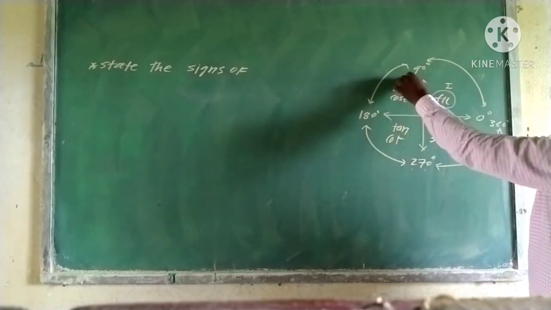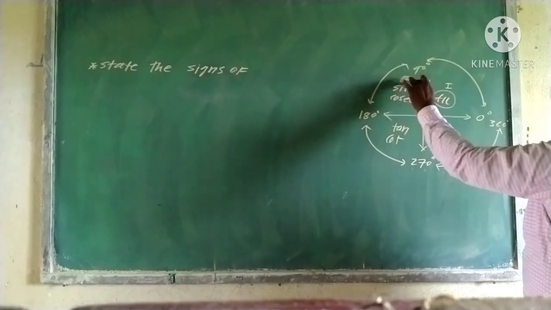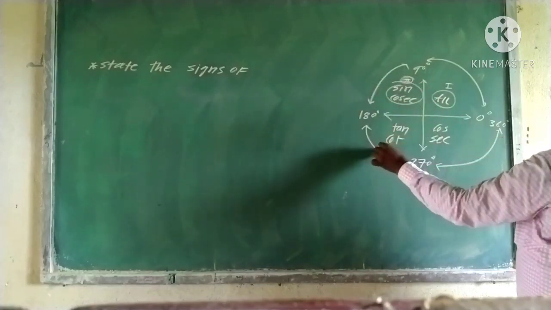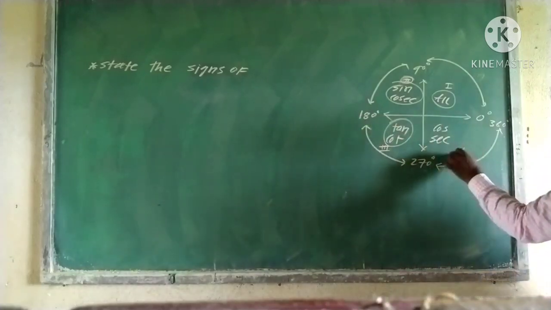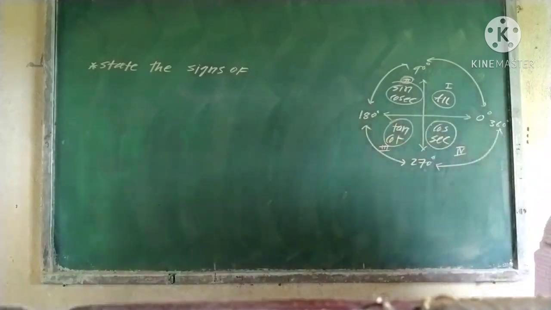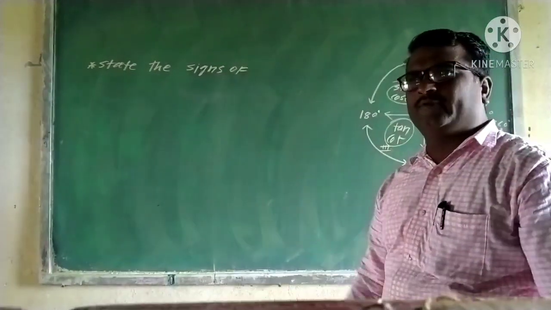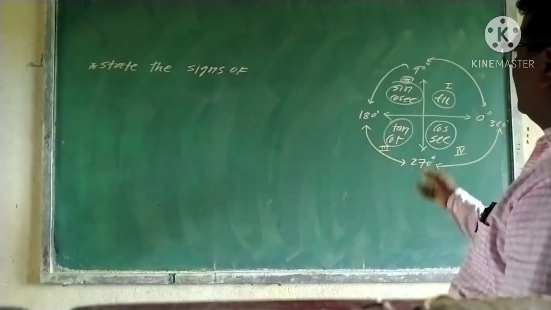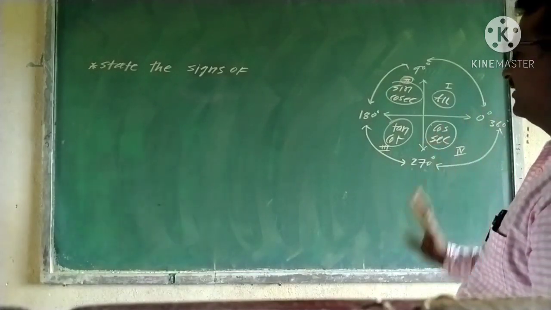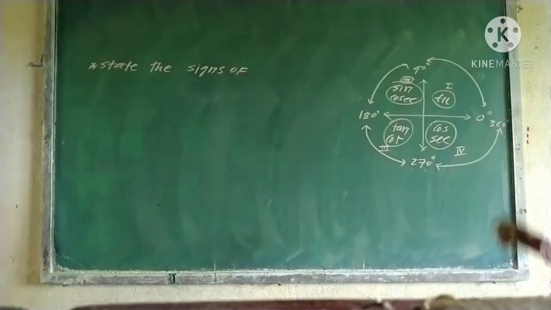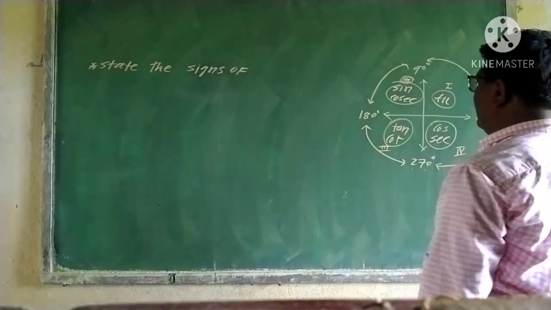So in the first quadrant all trigonometric functions are positive, in the second quadrant sine and cosec are positive, in the third quadrant tan and cot are positive, and in the fourth quadrant cos and sec are positive.